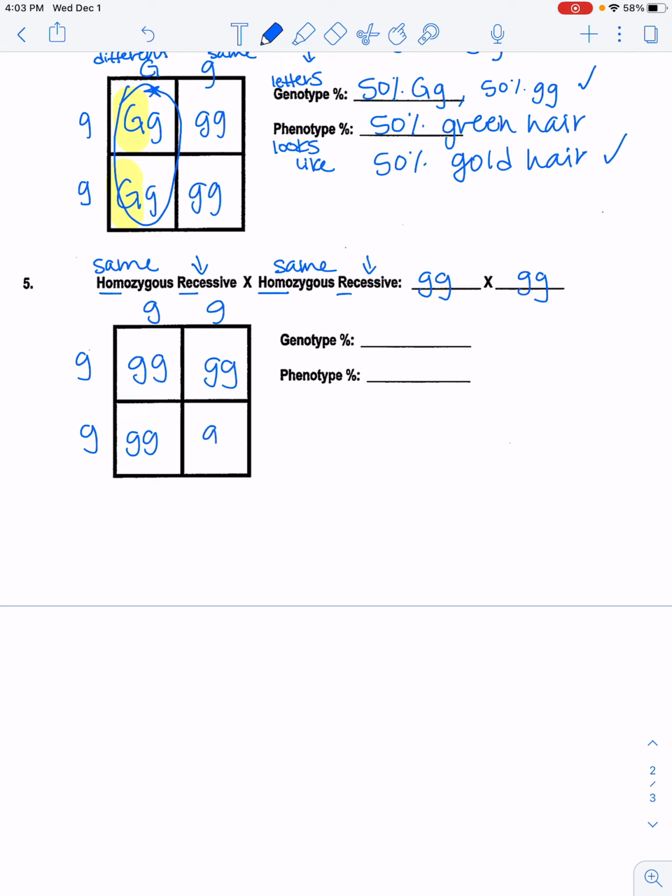This makes our genotypes and phenotypes nice and easy. I see 100% of the squares have little g in them. This is, again, the letters. And the phenotype is what it looks like. I see that none of them have any capitals, so it's going to be 100% gold hair, because that is the recessive trait.